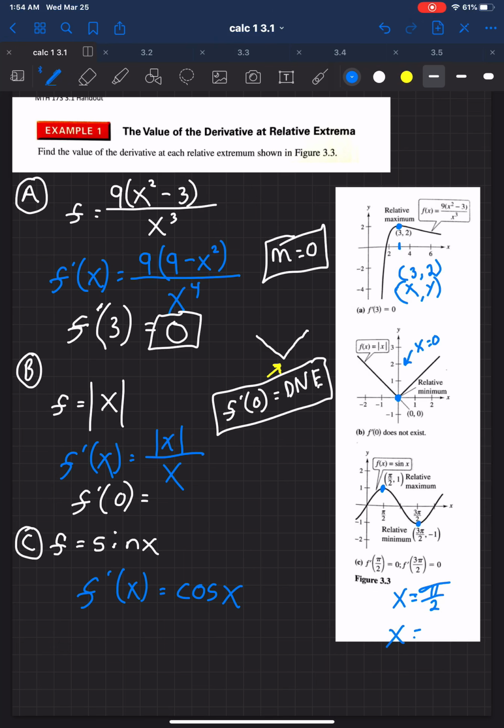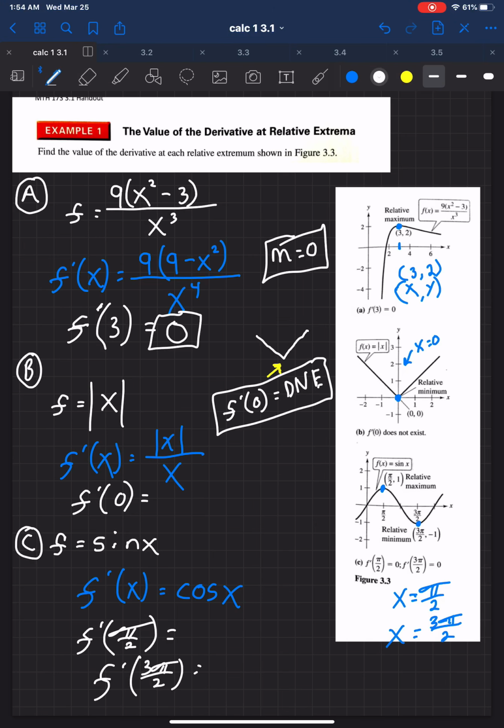When x is 3 pi over 2, you have a min. Now what we care to ask is, what does f prime of pi over 2 look like? What does f prime of 3 pi over 2 look like? What do the derivatives look like?